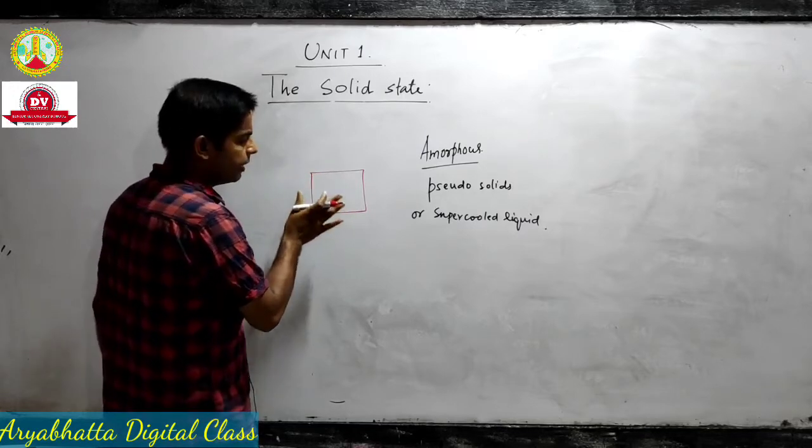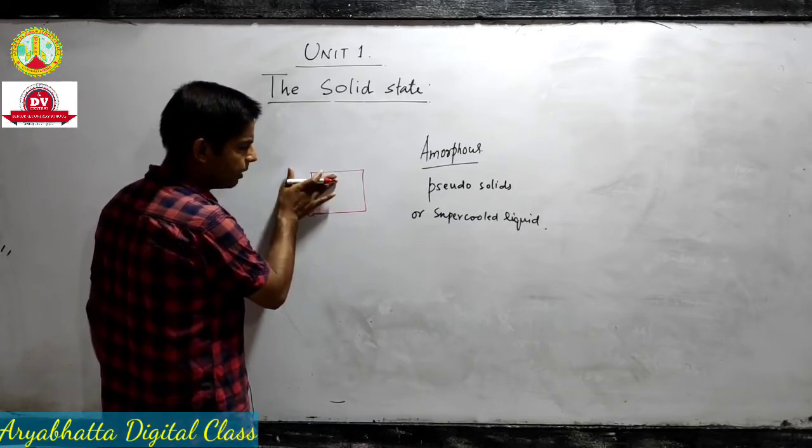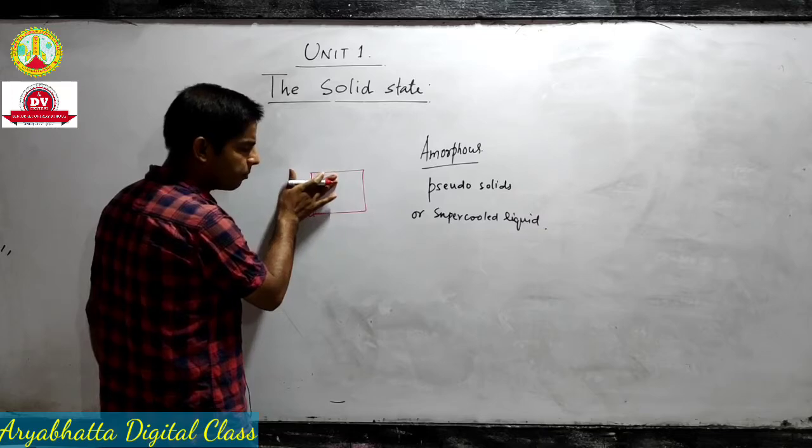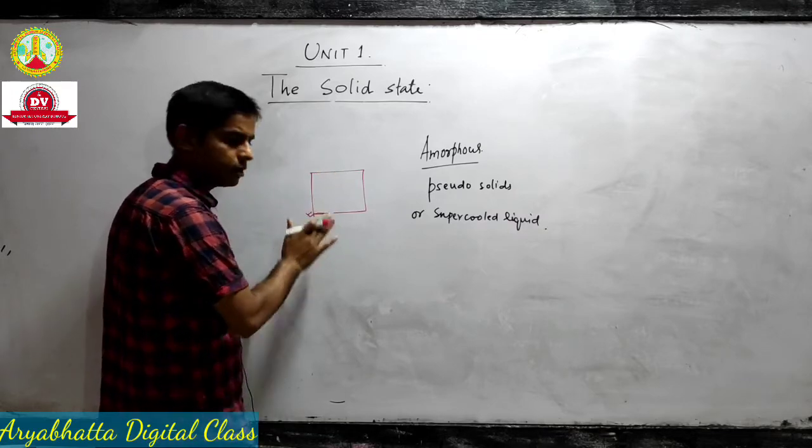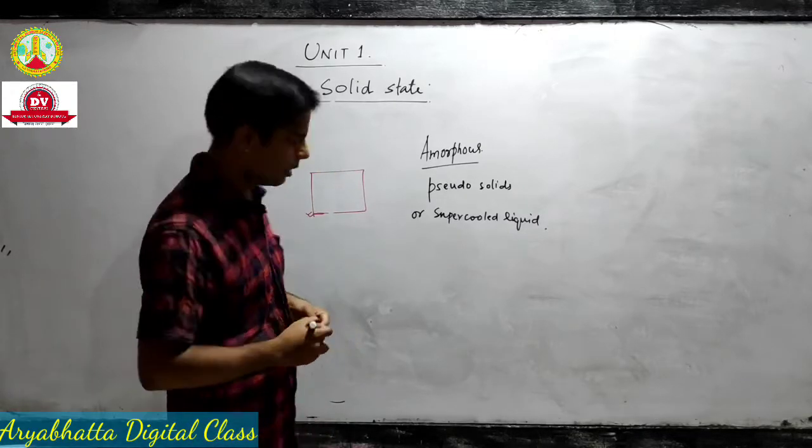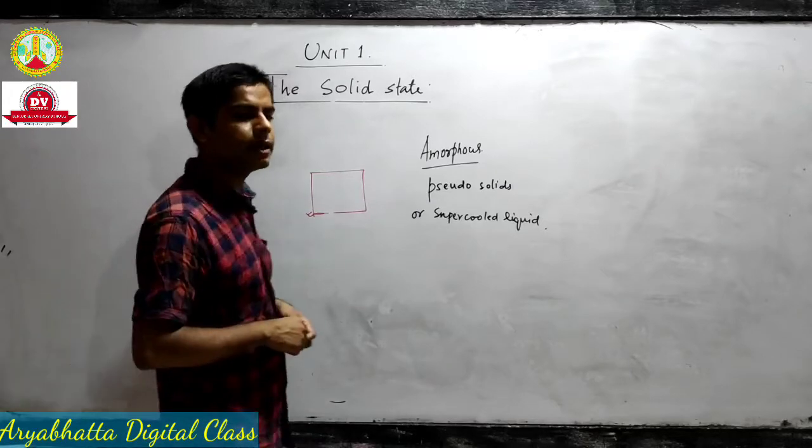The lower part becomes thicker and thicker as time passes, as it ages. If the lower part of a window panel is thicker than the upper part, it means that particles from the upper part must have traveled to the lower part. There is no other way it could get thicker.